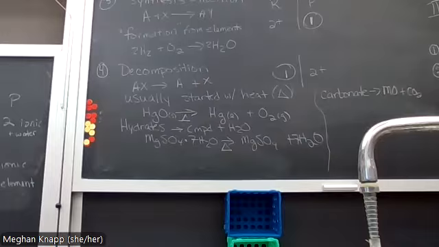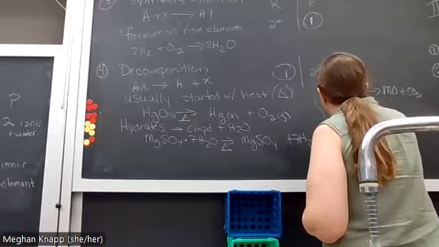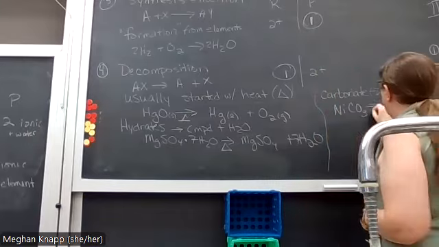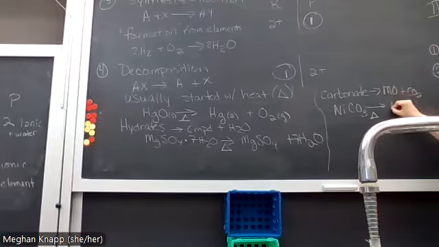Carbonate has CO3 at the end of it. The CO2 will come off, leaving behind 1 oxygen. So let's say I had nickel carbonate and I heated it up, then my products would be nickel oxide and CO2.